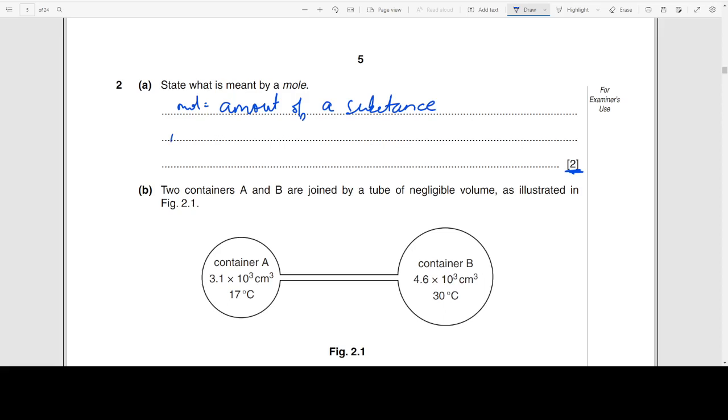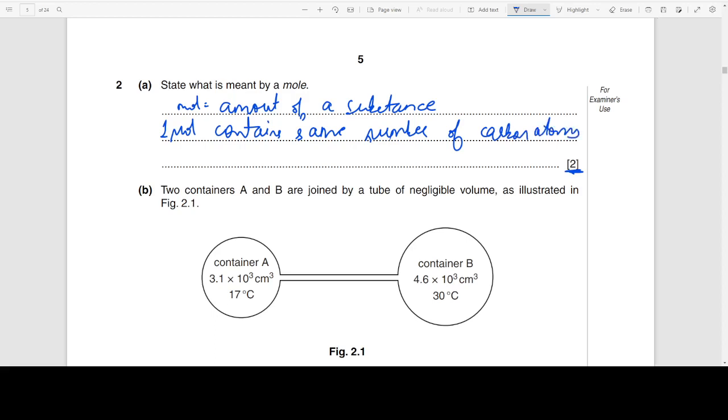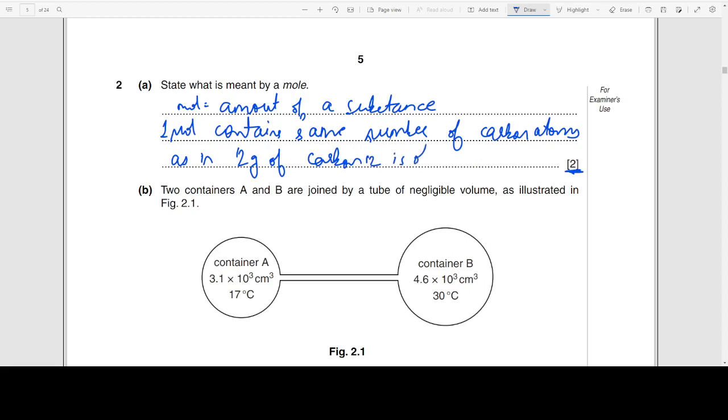That 1 mole contains the same number of carbon atoms as in 12 grams of carbon 12 isotope. So yeah, these are definitions. Y'all will have to memorize it.